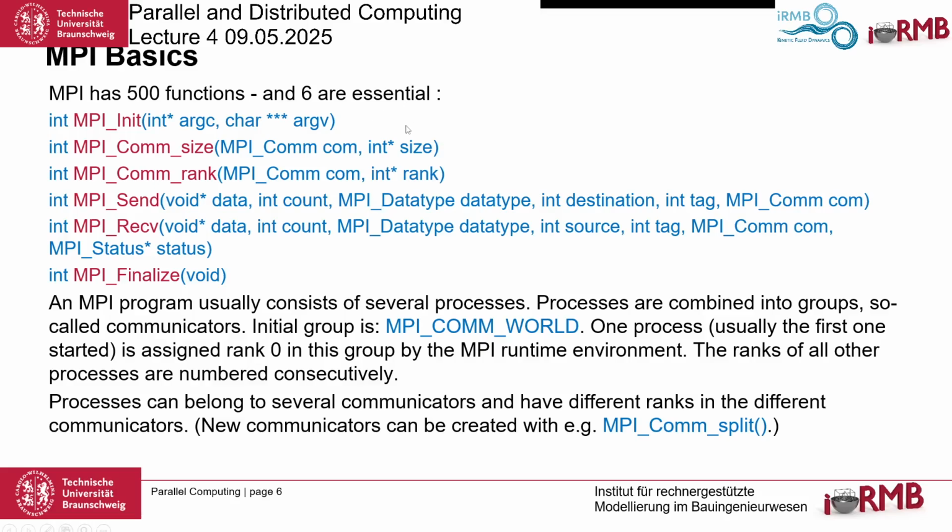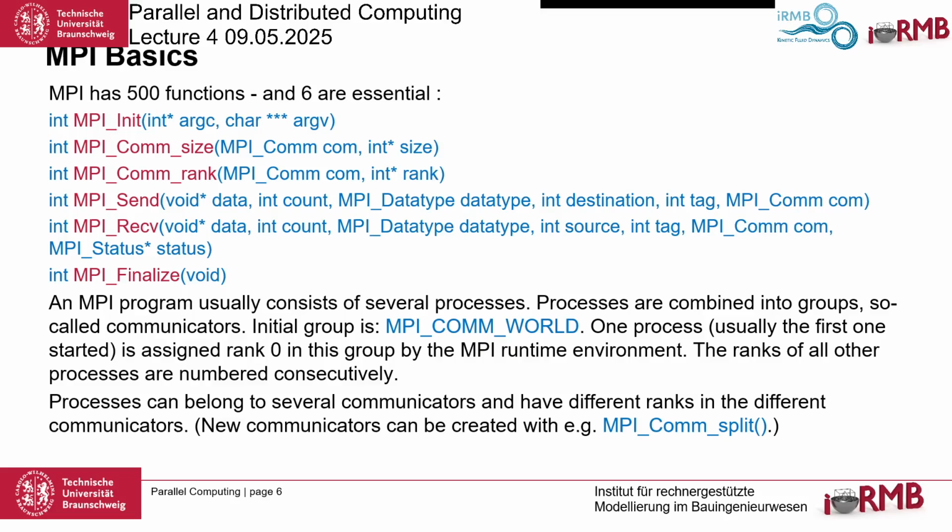And then it takes a pointer to an integer, which indicates to you the size of the system. In the case of the second function that you always need, the rank, it gives you the name of yourself, so that the process can distinguish itself from the other processes, which is very important.